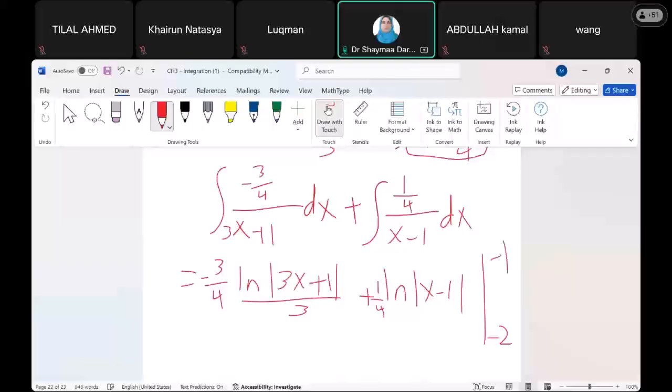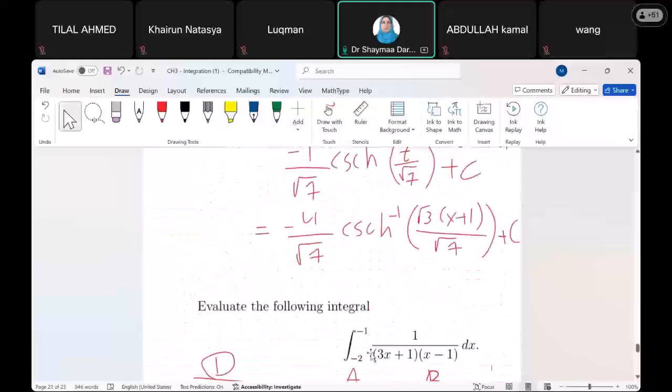You have to substitute minus 1 first, minus the substitution of minus 2. Make x here equal to minus 1, here x equal to minus 2, and find the last value.